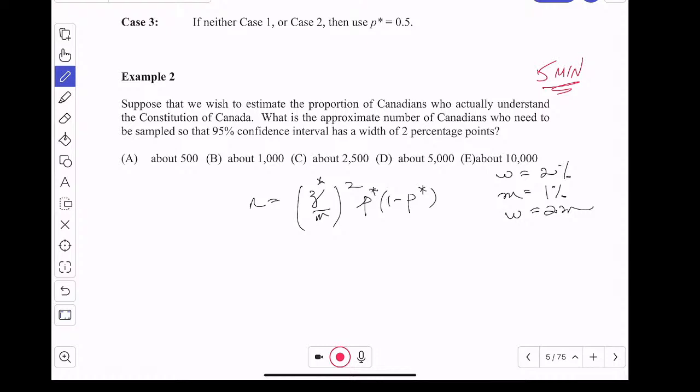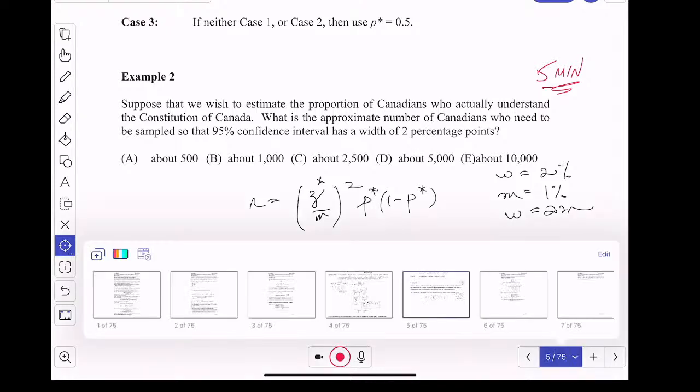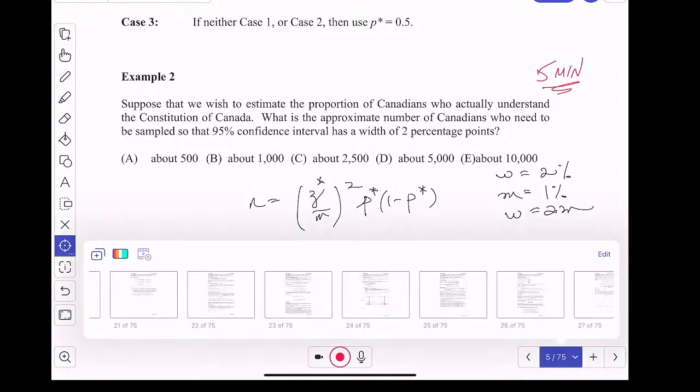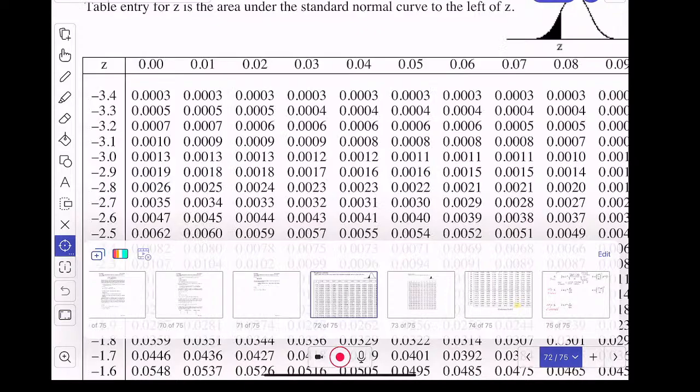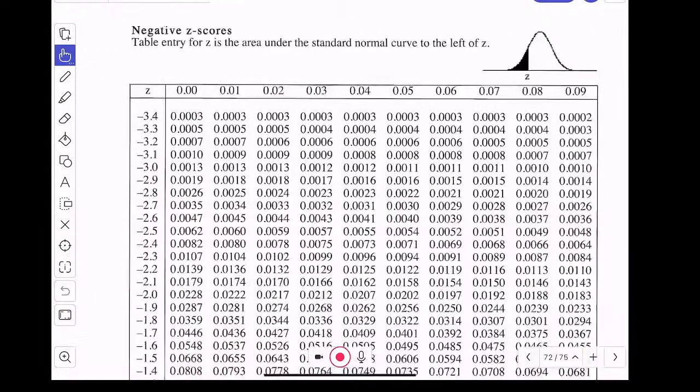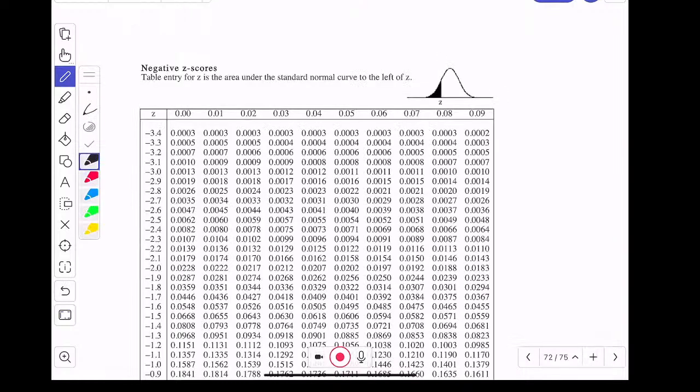So the 95% confidence interval can be obtained from, I can go to the bottom of this chart, or I can find it. Let's just keep finding it for now. If I want the 95% confidence interval, I need a critical value so that 95% is in the middle.